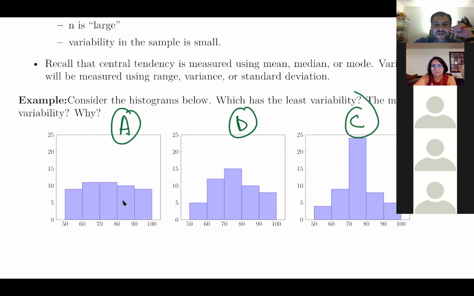But C is highly concentrated between 70 to 80. That means we're getting a high concentration there, so this will have the lowest variability.